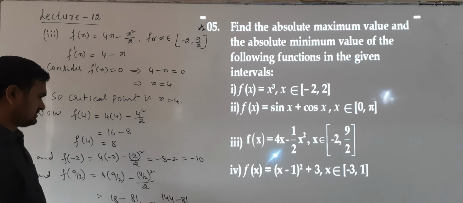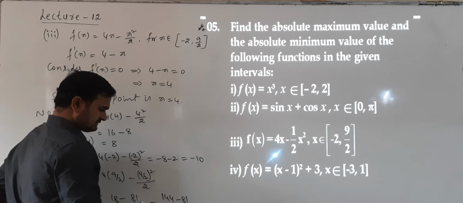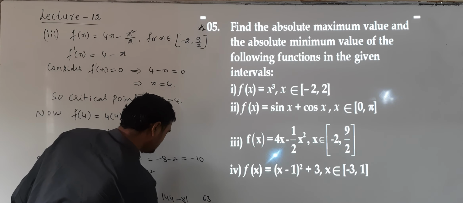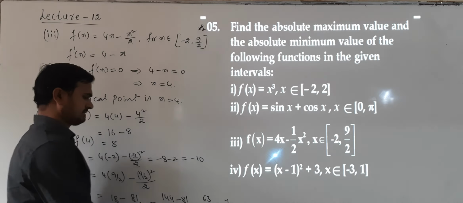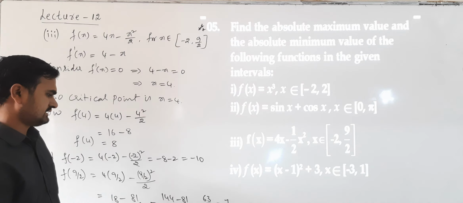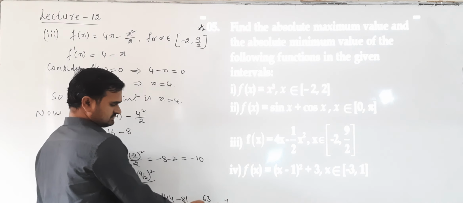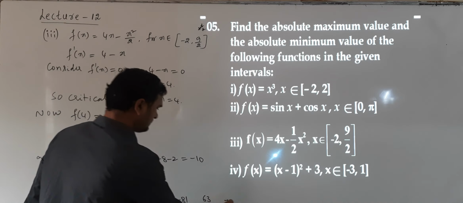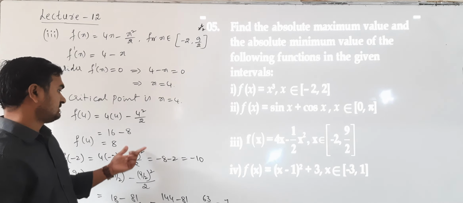So approximately how much do we get here? 144 minus 81 gives 63 by 8, which is 7 point something. Okay, 8 eights are 64, but it is 63, so it is 7 point something. Exact value not needed.